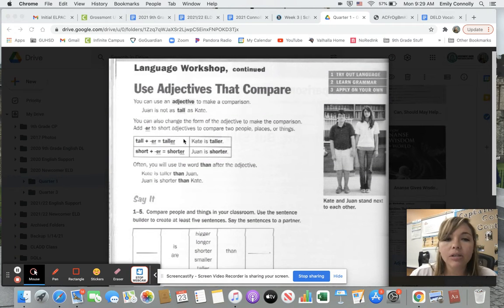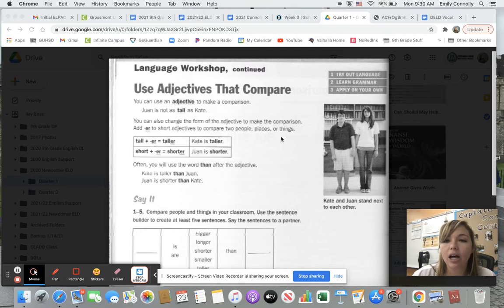You can also change the form of the adjective to make a comparison. So here's Juan, here's Kate. So we might add ER to tall when we're talking about how Kate is taller than Juan. Okay, so for example, tall plus ER is taller.